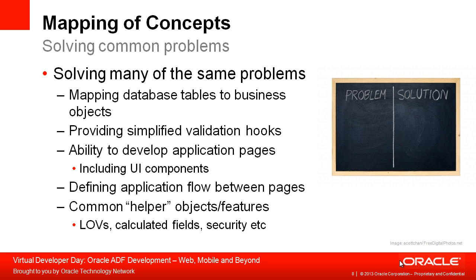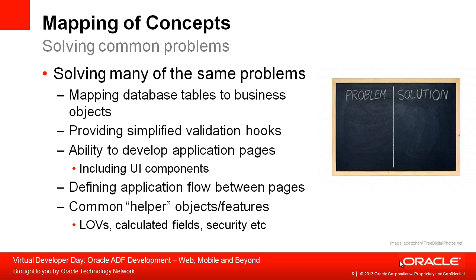So for example, in many cases you have information in a database, and what you want to do is pull information out of that database into an application, perform some functions, validation, etc., and push that out to the user. So you'll be mapping your database tables into objects inside your application that you'll be manipulating.